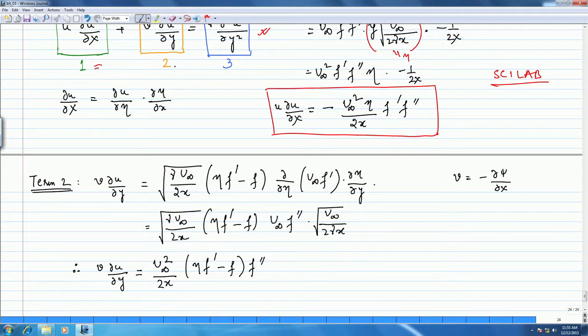That is essentially my second term. Now let us go to the third term.